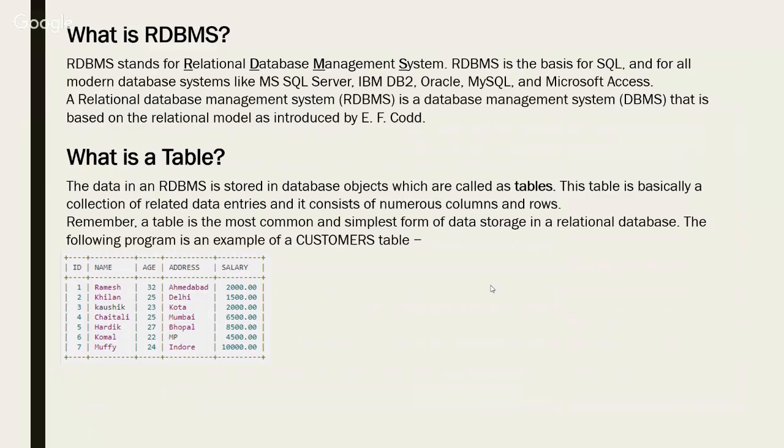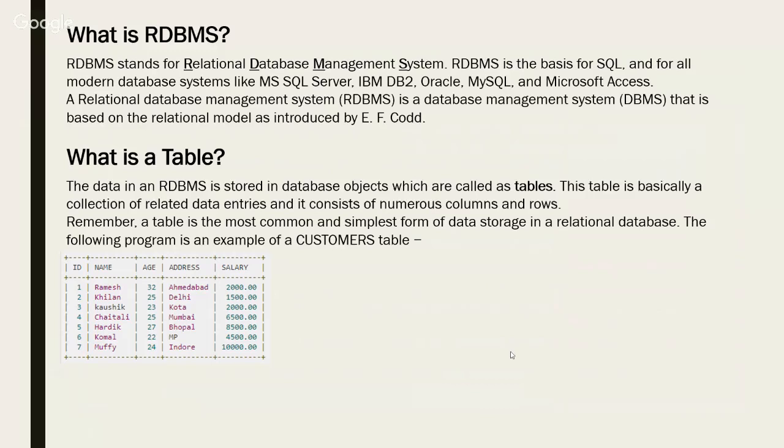So in an RDBMS, basically in a database, there are more than one table, and every table has certain elements inside it. Creating a relation between these different tables inside a database is known as a relational database.